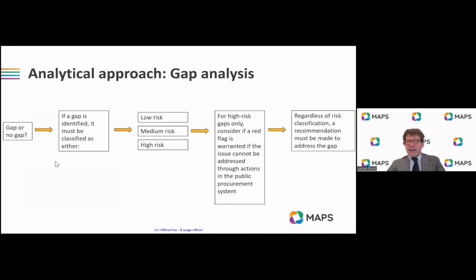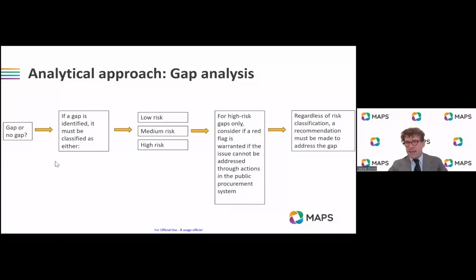Moving on to the analytical approach, what we have changed here has to do with the gap analysis and quantitative indicators. First, the gap analysis. If any of you have done a MAPS assessment or have read an assessment report, you will know that before we had two classification systems for gaps.